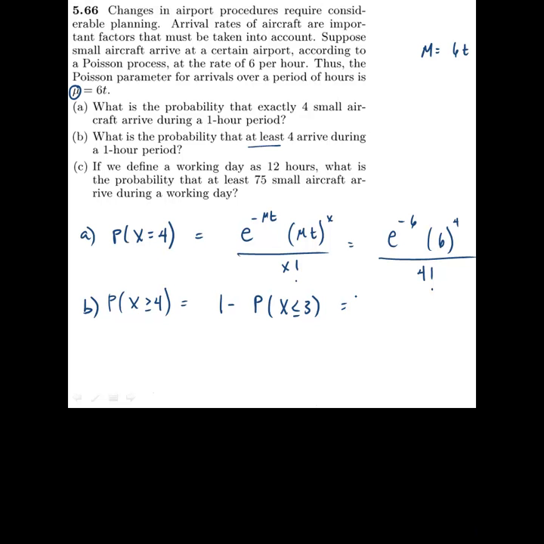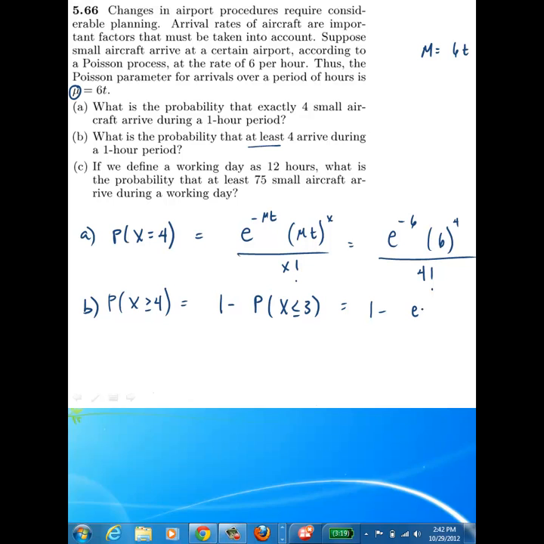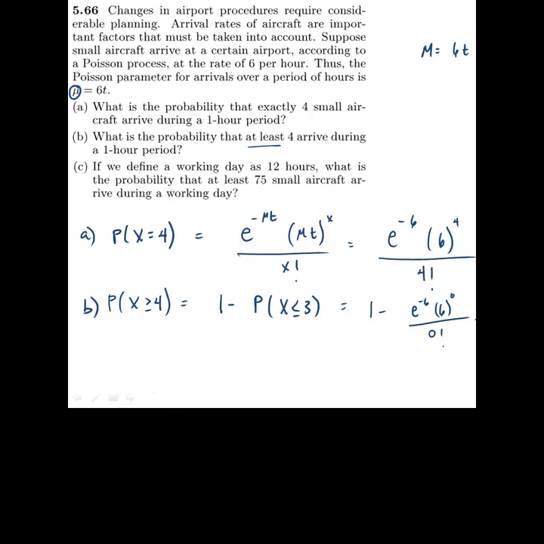So if you do this, you will get 1 minus e to the minus 6 times 6 to the 0 over 0 factorial, plus and so on, up to e to the minus 6 times 6 to the 3 over 3 factorial.